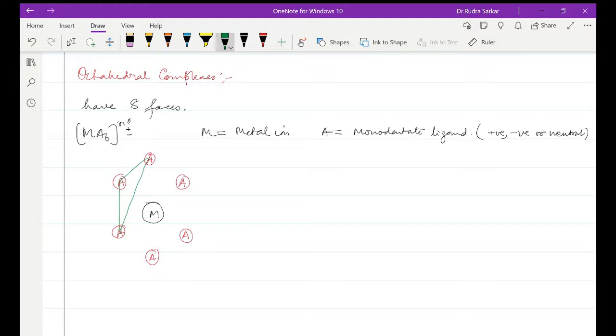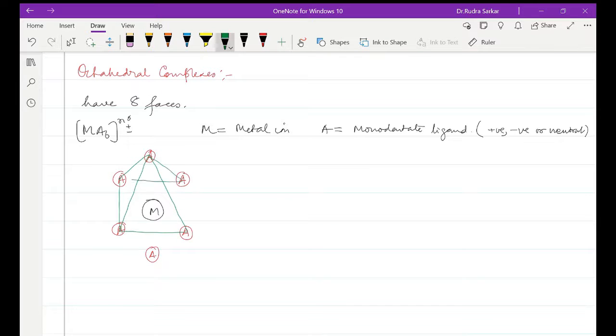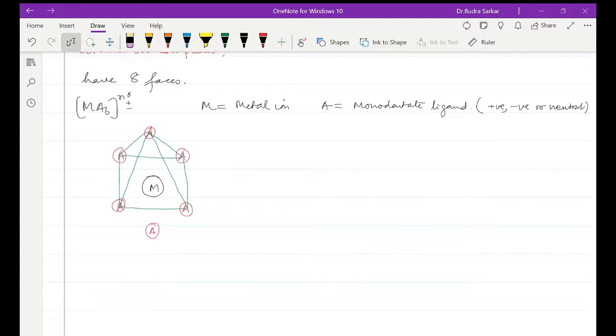So that is face 1, this will be face 2, that if we join it is face 3, and then if we join another one, then it is face 4. Since this is a centrosymmetric molecule, that has a center of symmetry, it will have 4 faces on the top and 4 faces below, and that would make up 8 faces for the molecule.